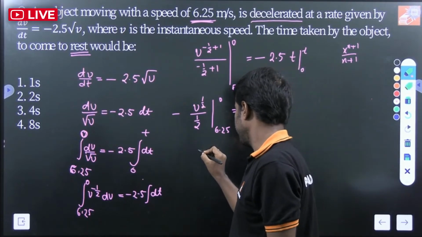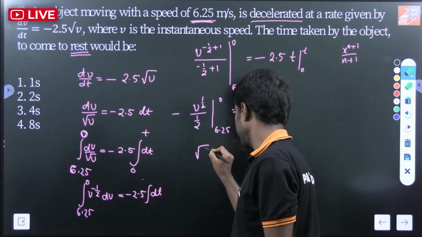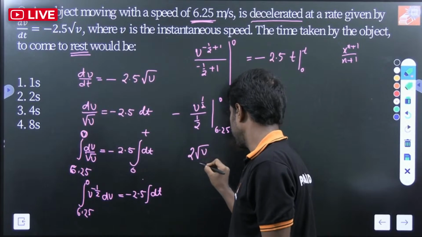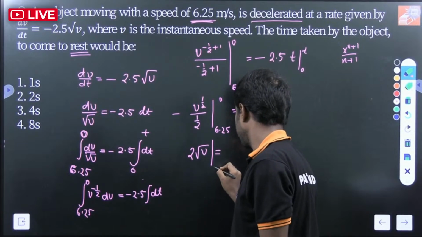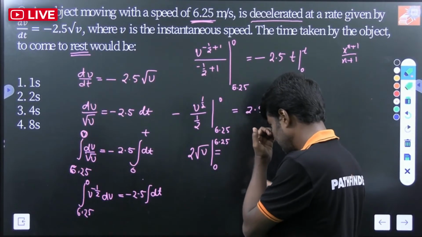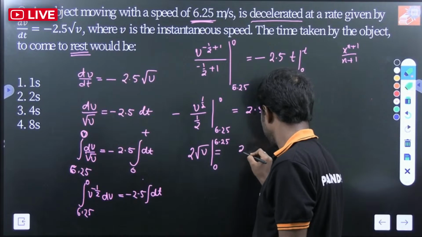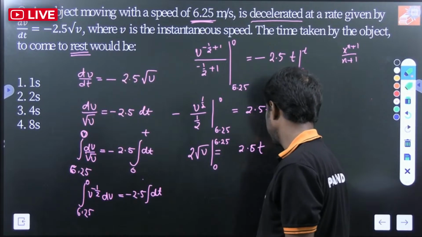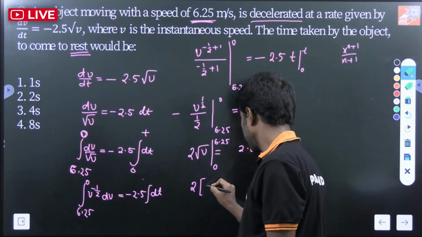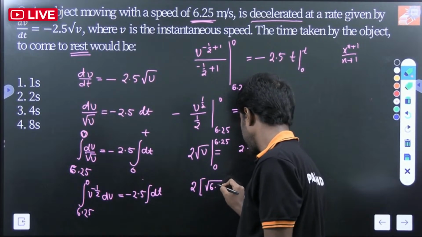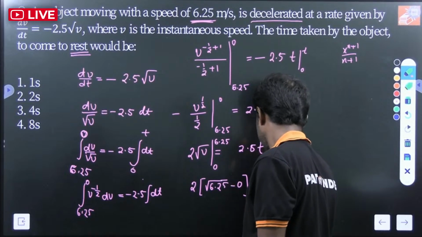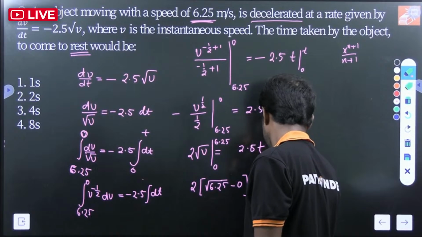So v power 1 by 2 means root v, with 2 in the numerator, from 0 to 6.25, equal to 2.5 into t. So now this becomes 2 into root over 6.25 minus 0 equal to 2.5 into t.